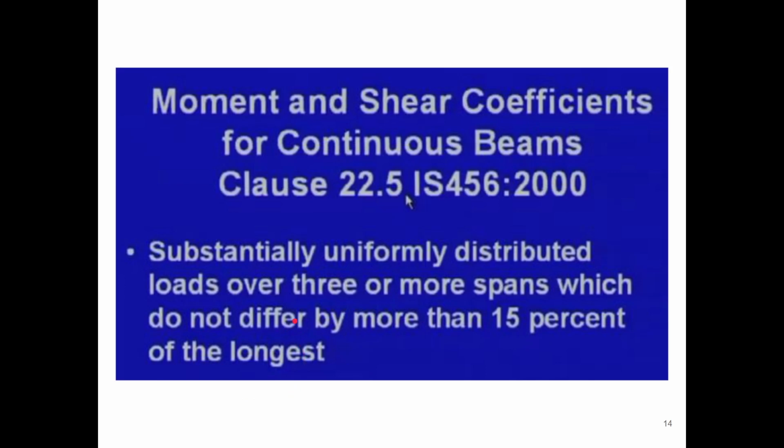So firstly it should be UDL, and secondly at least three spans, and the UDL should be either equal or the variation should not be more than 15% from the maximum value, for finding the moment and shear coefficients for continuous beams. These are the requirements.